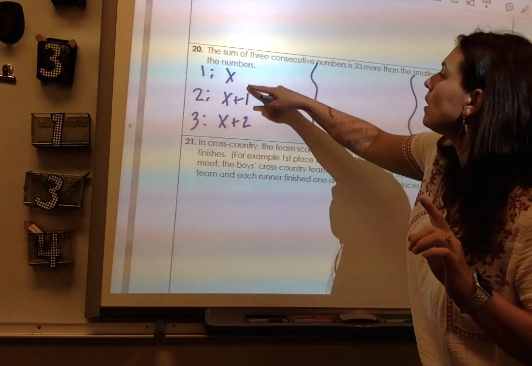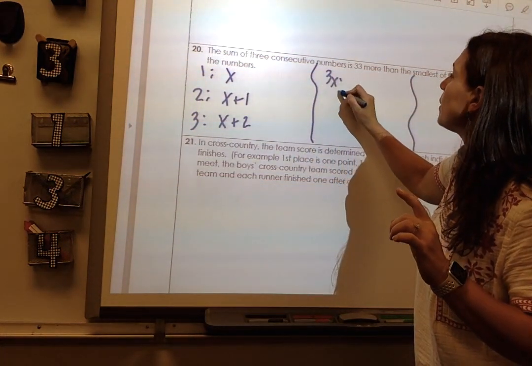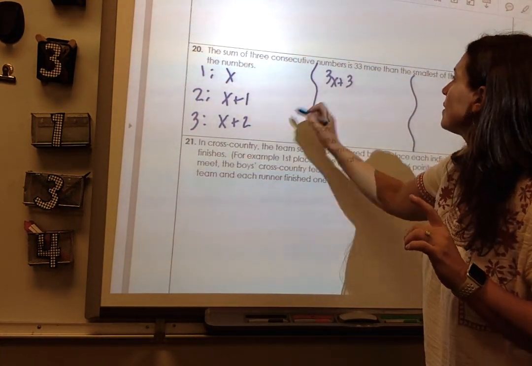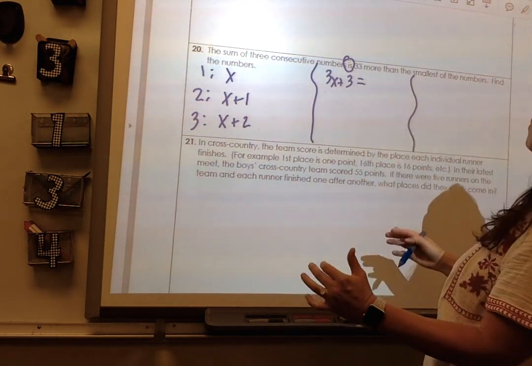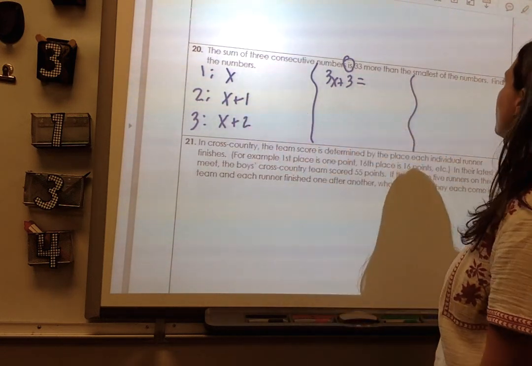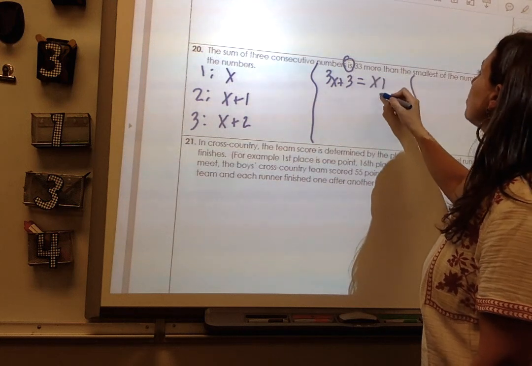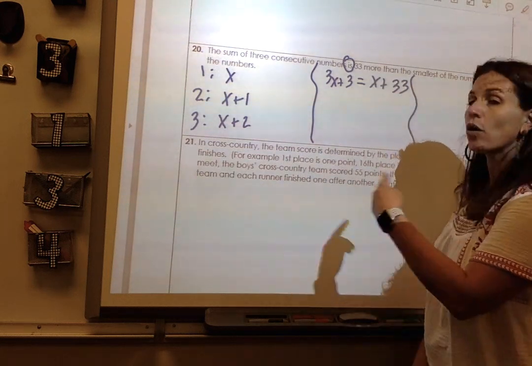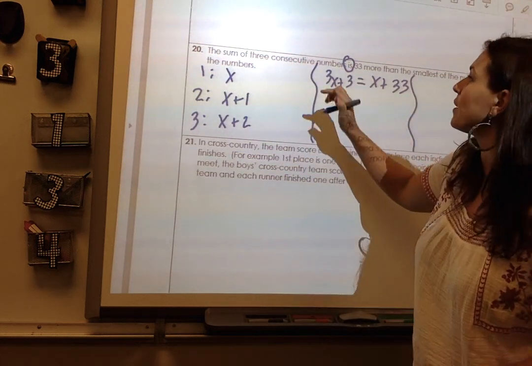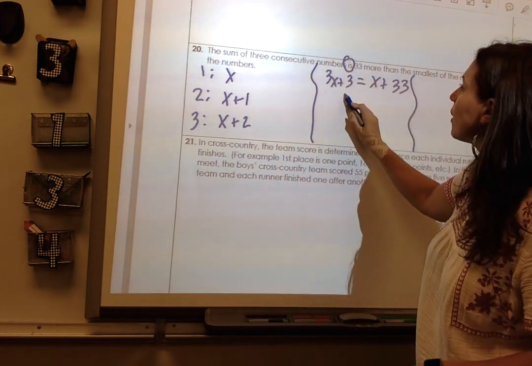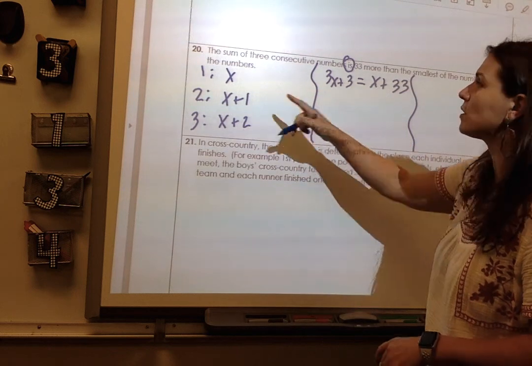So the sum of all of these, 3x plus 3, equals 33 more than the smallest of the numbers. So x plus 33. So that equation looks a little different, but I'm reading it verbatim. The sum of three consecutive numbers is 33 more than the smallest.